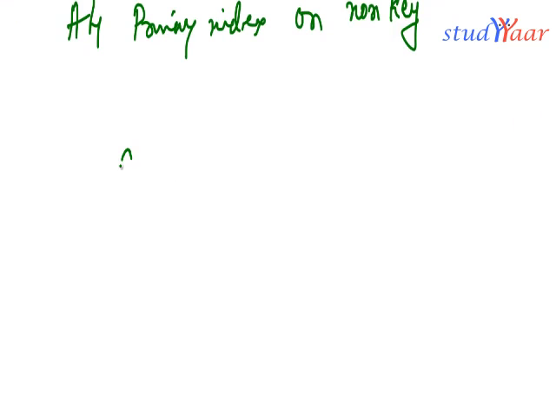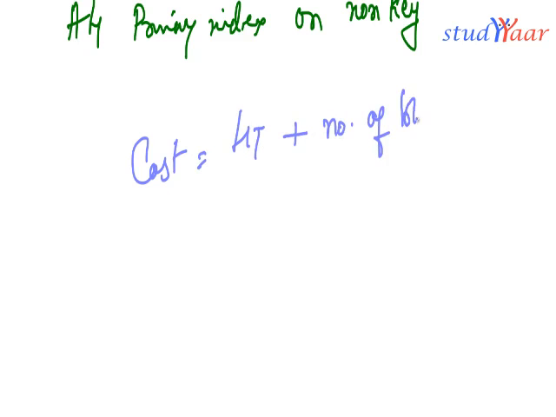So in that case, my cost is equal to height of the tree plus number of blocks that contain the required search key value.